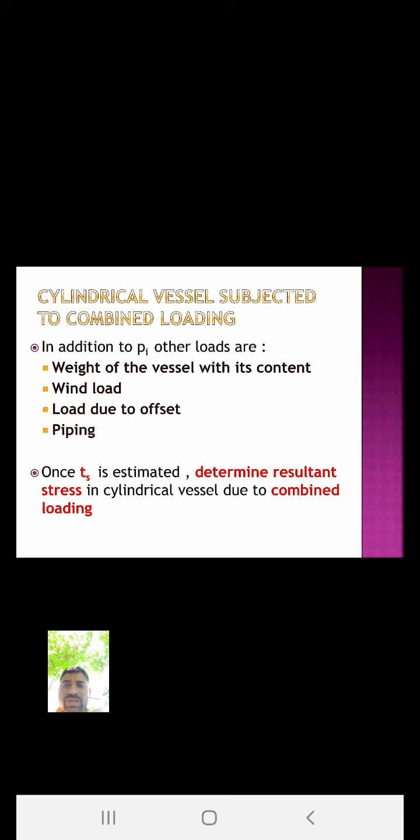Once Ts is estimated, what is meant by Ts? The thickness of the shell. It is necessary to determine the resultant stresses induced in the cylinder due to the combined loading. Which types of stresses are induced in the cylindrical vessel due to the combined loading?